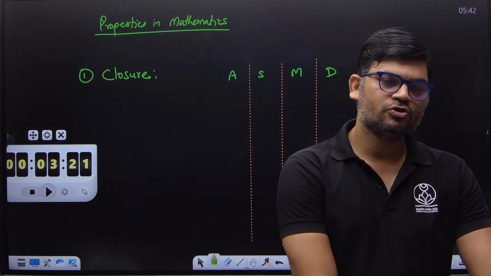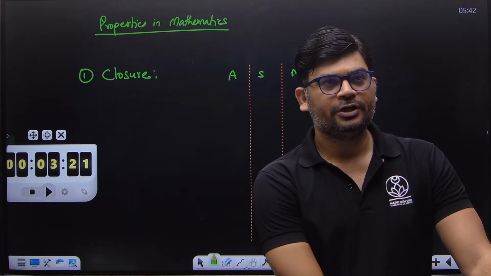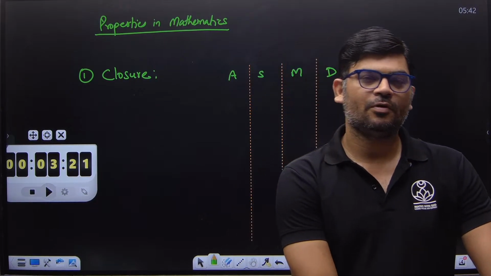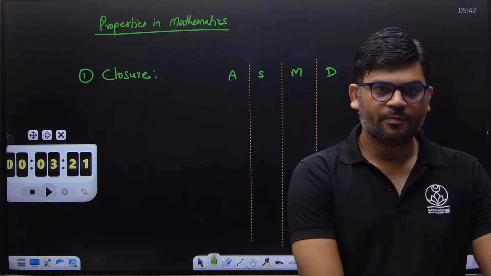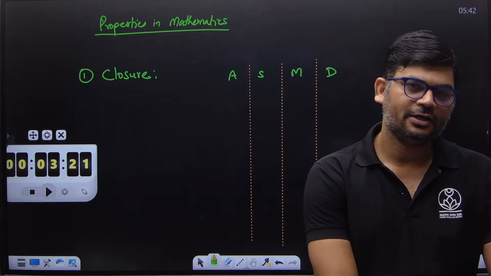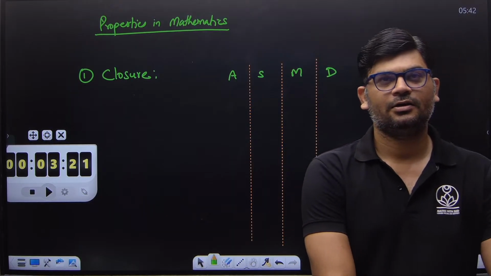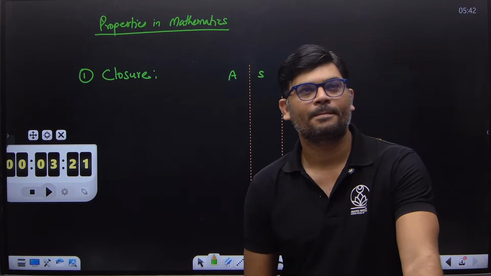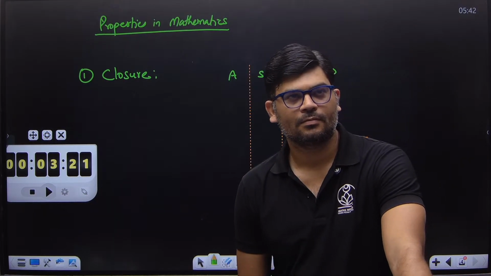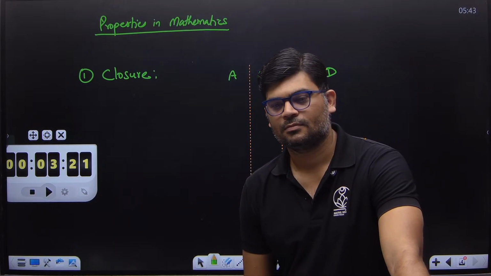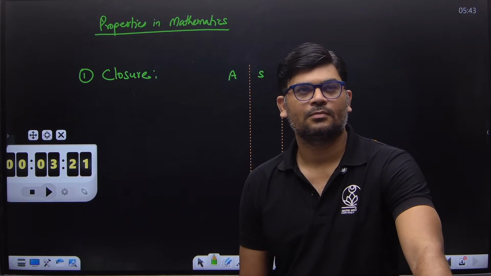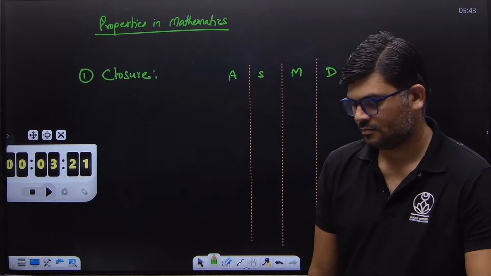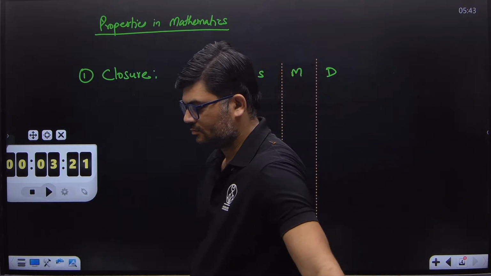These are closure property, commutative property, associative property, distributive property, additive identity, and multiplicative identity. Out of this, how many do you know? I know distributive property, commutative property, and associative.